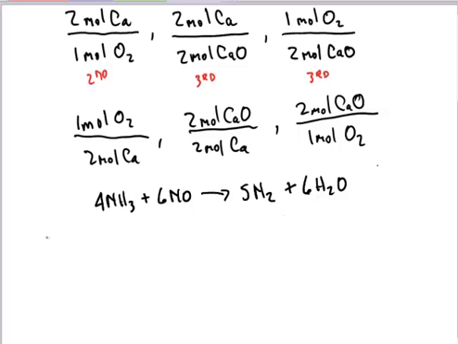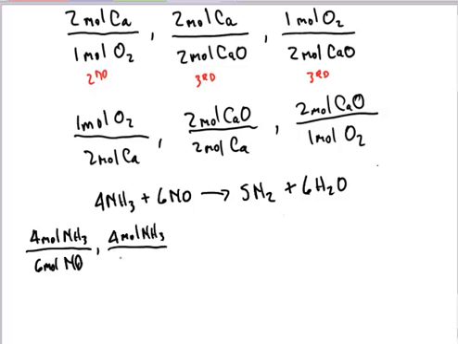So we'll start writing our possible ratios here. We have 4 moles NH3, that's first to second, 6 moles NO. Then we have first to third, 4 moles NH3 to 5 moles N2. And then first to fourth, 4 moles NH3 to 6 moles H2O.